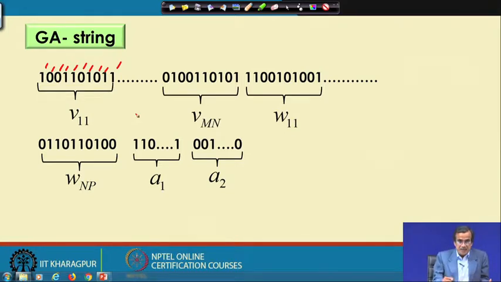design and develop a network, not only its design variables, but also its topology we are going to optimize.